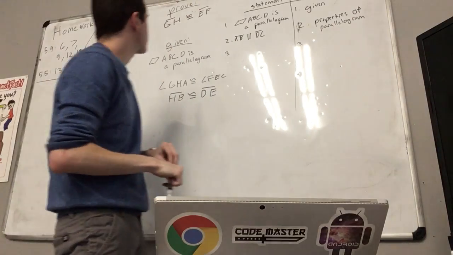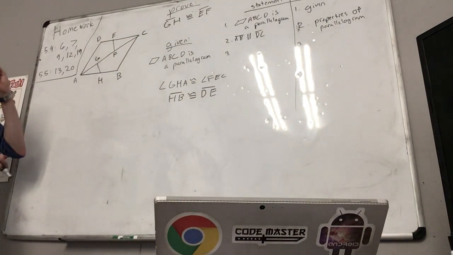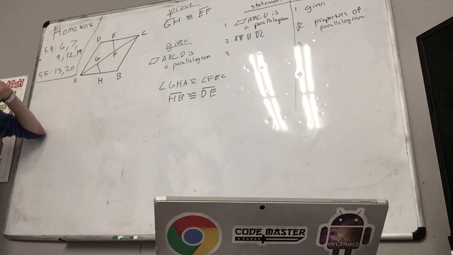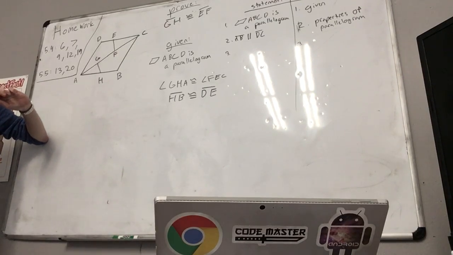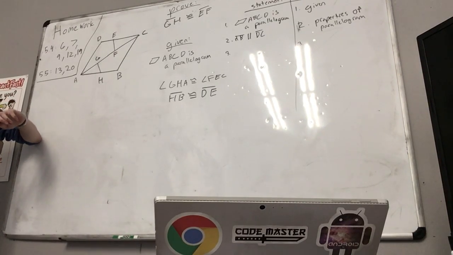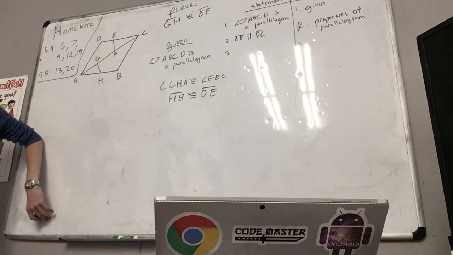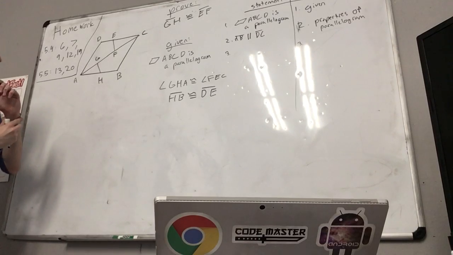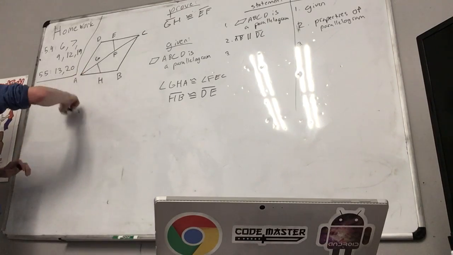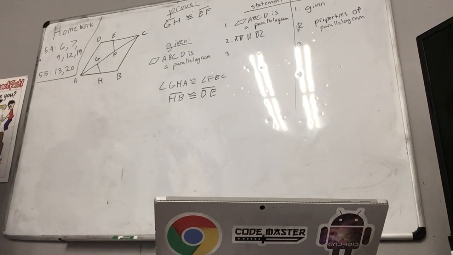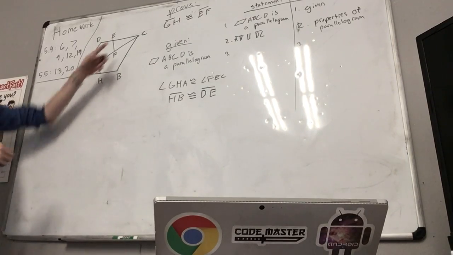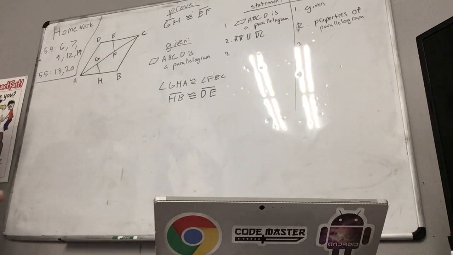I'm gonna use what you said from before. I think I'm gonna go with angle side angle instead of side angle side. Yours was fine. This GH, you said side angle side, right? This is angle side angle. Oh, okay. I'm gonna use angle side angle because I like this. We said that our diagonal bisects an angle, or you can use a transversal across parallel lines. Both are fine.